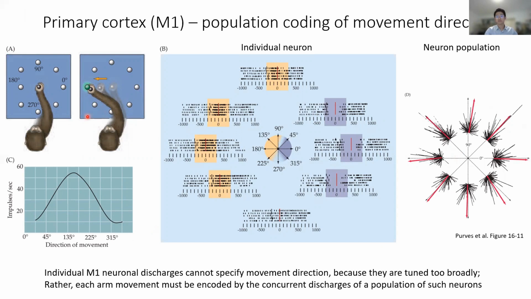It is an invasive study because they implant an electrode array, a device with many electrodes, in the monkey's M1 area, so they can record the activity of the surrounding neurons.